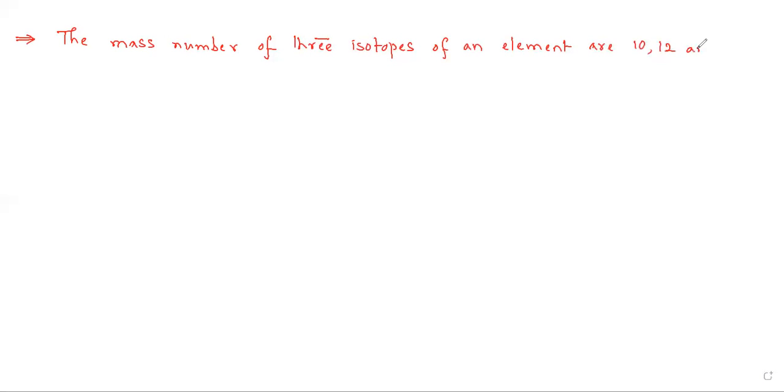Come on. See the mass number of 3 isotopes of an element are 10, 12, and 14 units.